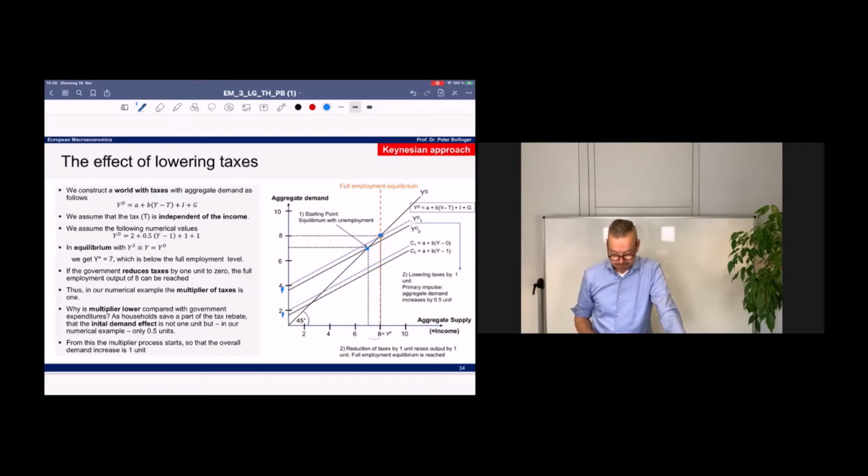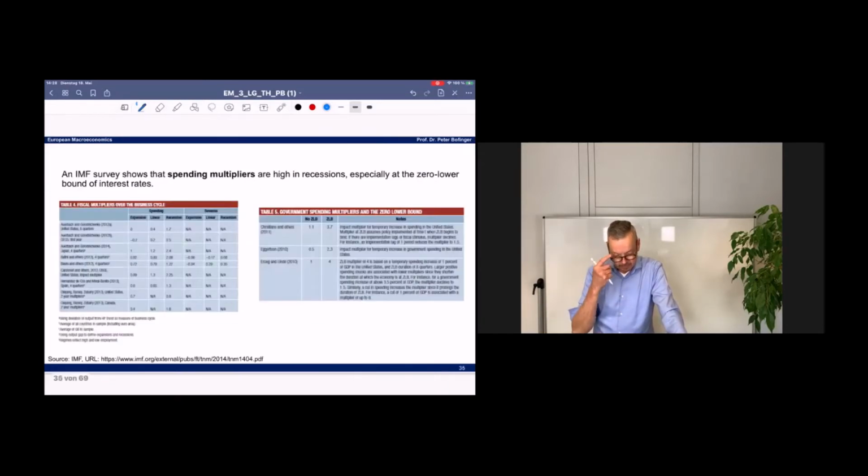Okay, and we can now look at empirical data for the multipliers for spending and for tax policy. And we have here a table from the IMF.